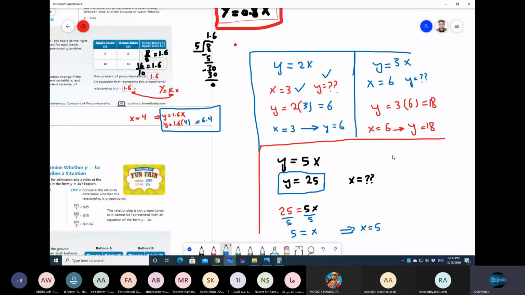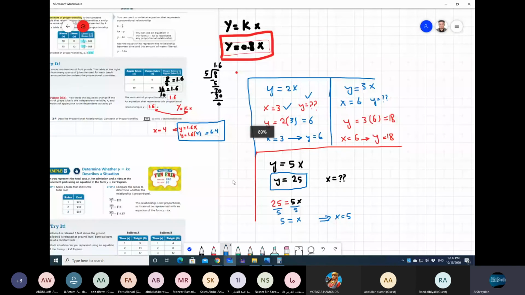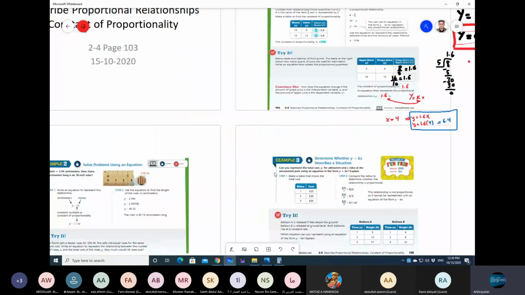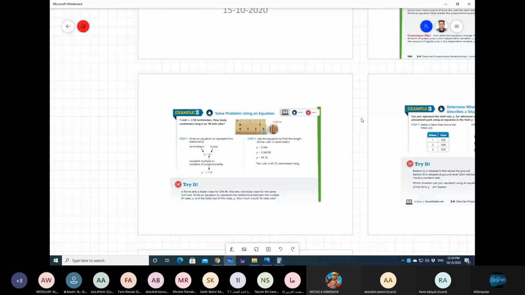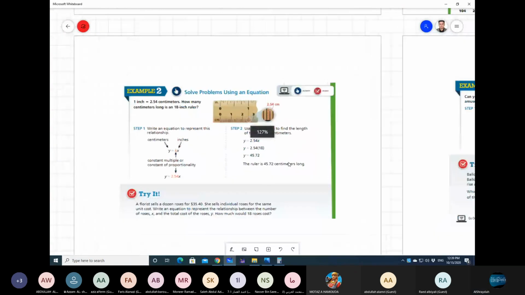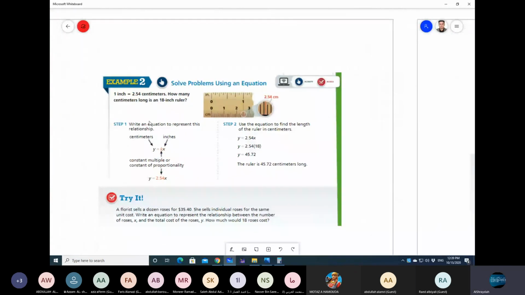So let's go to the next example here. Who can read it for us, please? The next example. Me, teacher. Okay, please. Example 2. 1 inch equals 2.54 centimeters.